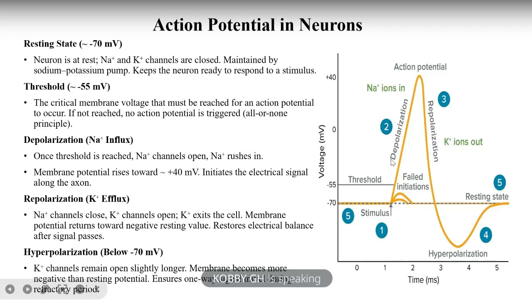Then it will fire till it reaches the peak. When it reaches the peak, it means impulse has been transmitted. Once impulse has been transmitted, it has to come back to rest again. Now, the process of the impulse or the signal coming back to rest, that is what we call repolarization. But there is something interesting over here that I want you to learn for once.